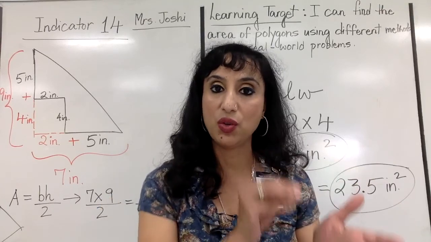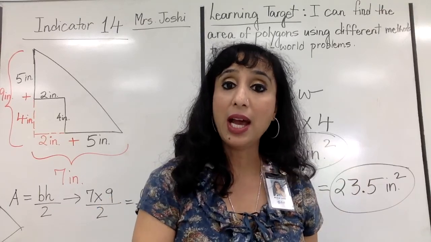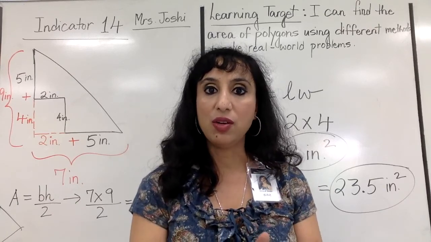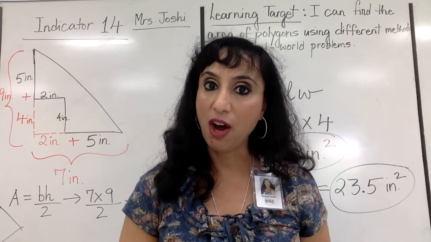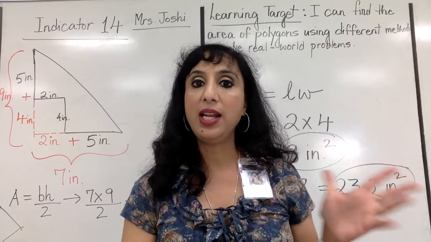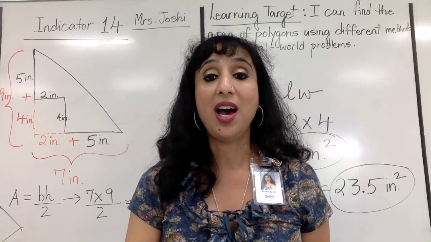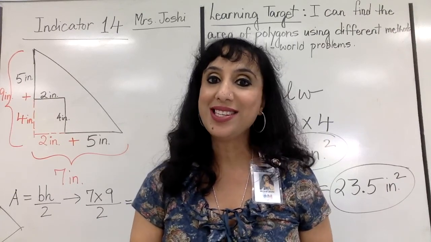So all you're doing is calculating each individual shape and then adding it up. Or if there is an unshaded portion that looks like a part has been cut off from the shape, find the area of the 2 shapes and subtract. So that's basically what a composite figure is.